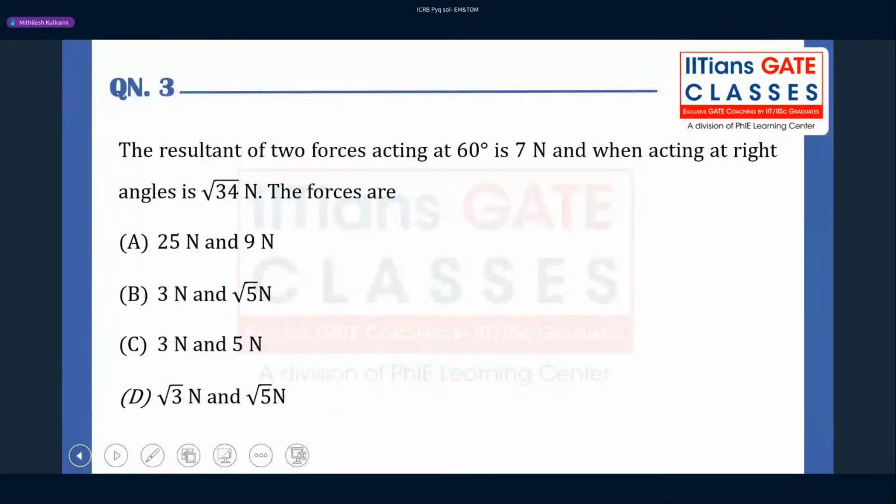Coming toward the first question, this is from the mechanics. The resultant of two forces acting at 60 degrees is 7 Newton, and when acting at a right angles is root 34. The forces are. So let's draw the figure for it. We have 60-degree angle. Then imagine this is F1 force, F2 force, and this is the resultant.